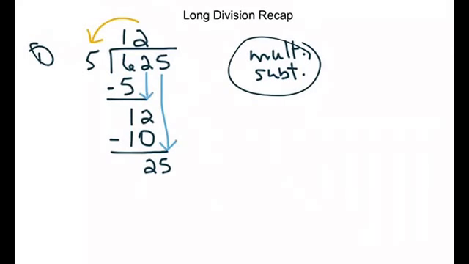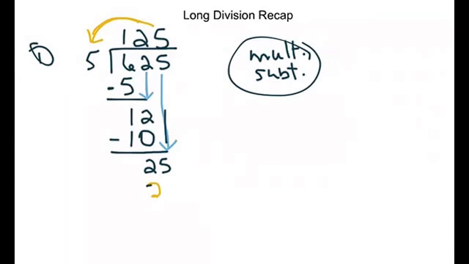5 will go into 25, and again, I'm focusing on 5 and 25. 5 will go into 25 5 whole times, so I put that up here above the number that I brought down. Now I'm going to multiply. 5 times 5 is 25. I write that down.